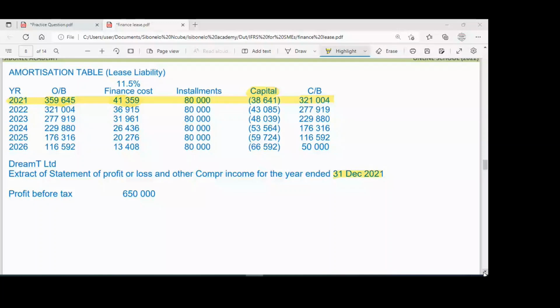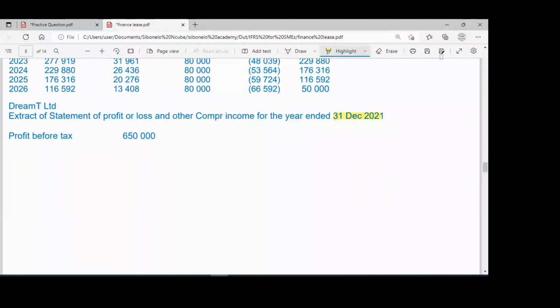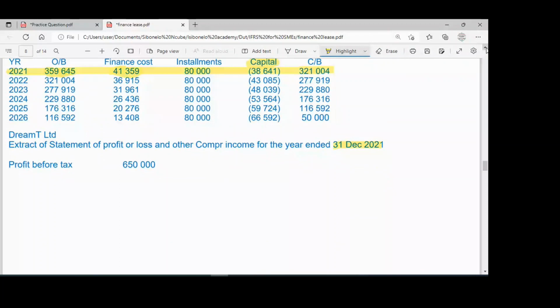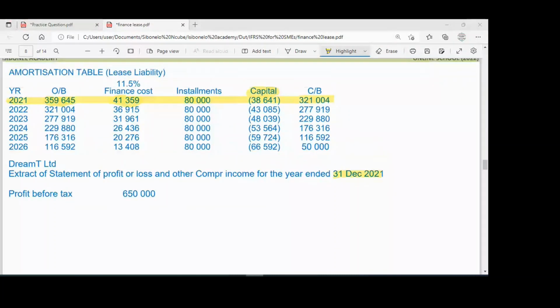So kule profit ke guys sine interest, i-finance cost le i-interest. Finance cost is an interest. So le interest le kumele siyenze njani kwi-PPT? Siyayi-add interest noma siyayi-deduct? Mase income statement ama interest siwenze njani? Siyawa-minus noma siyawa-add ama interest expense. Interest angithi ithina ngoba silizi i-asset nje we are being charged the interest ka 41,359 lo wanyaka ka 2021.